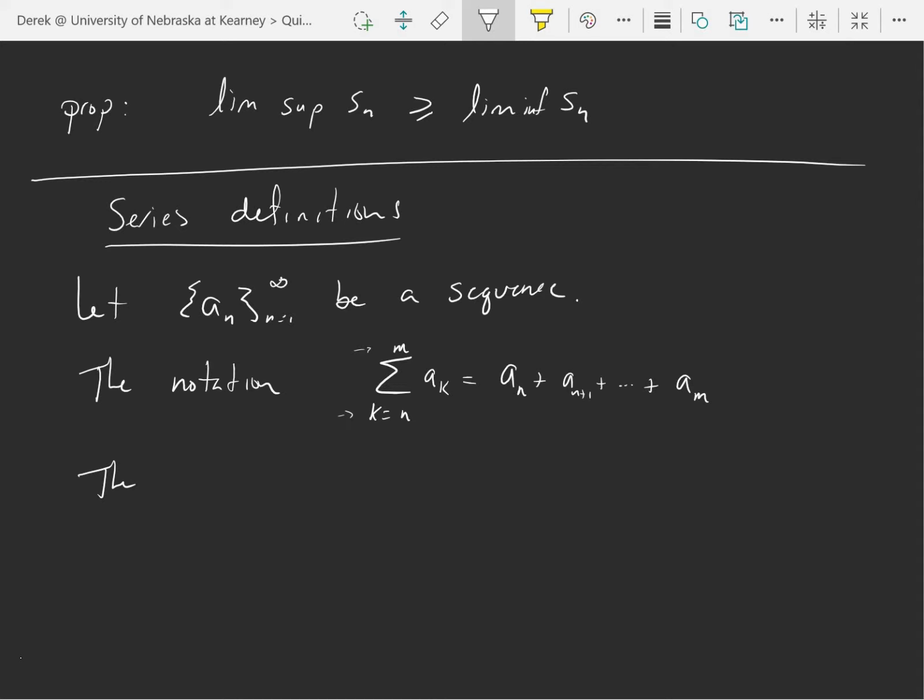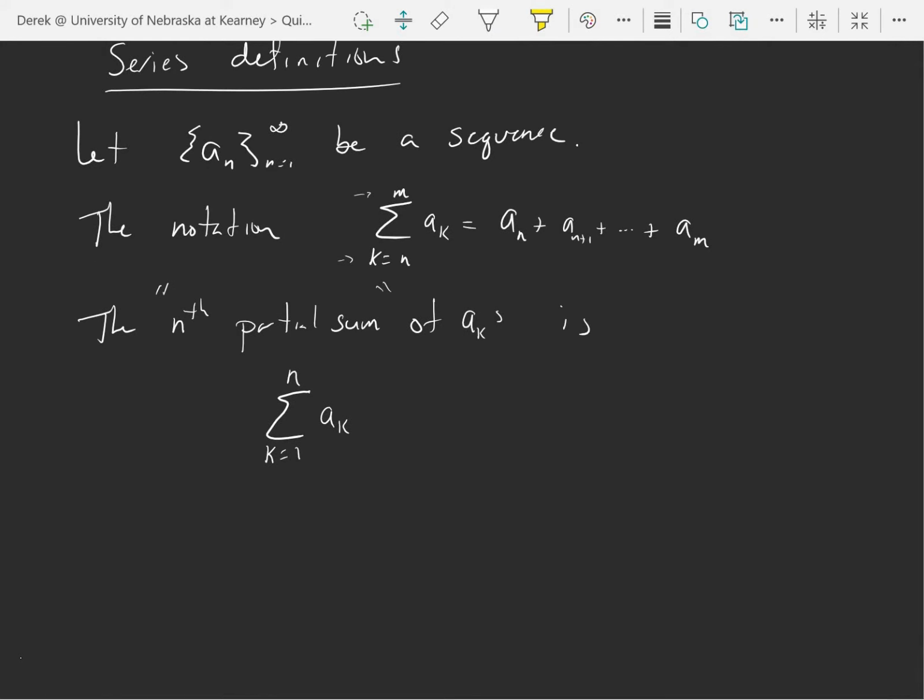Let me say the nth partial sum of a sub k's is the sum from k equals 1 up to n of a sub k. So I add up the first n terms in the sequence, and that's the nth partial sum of the series. Okay.